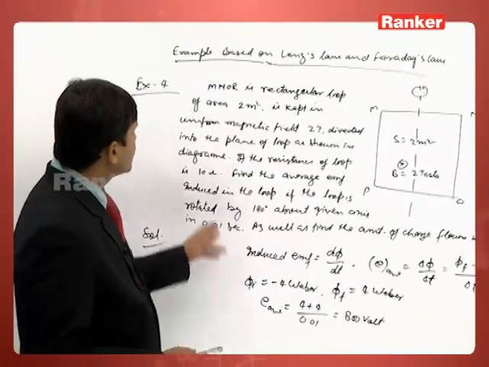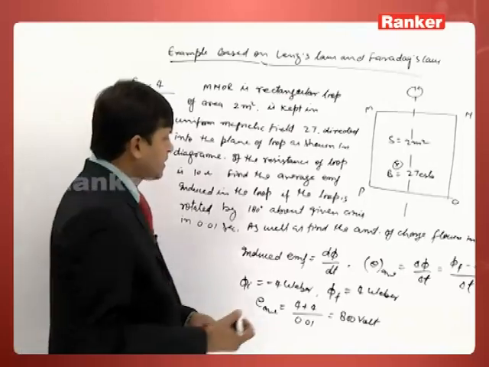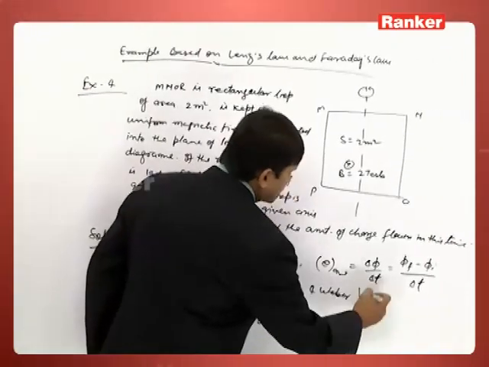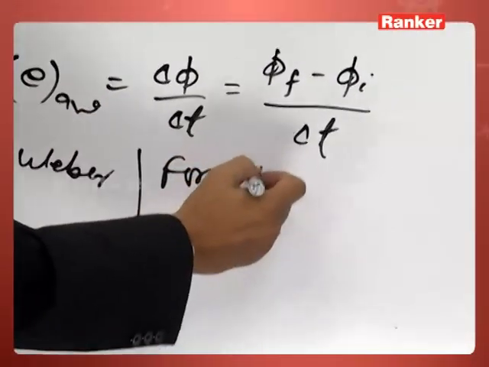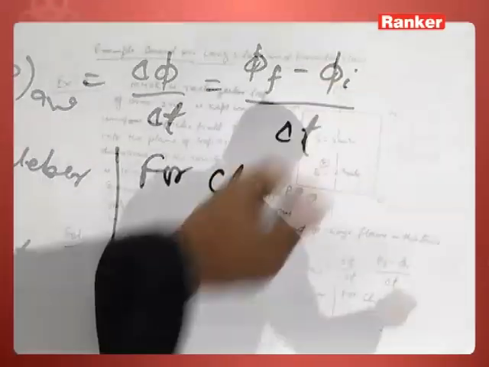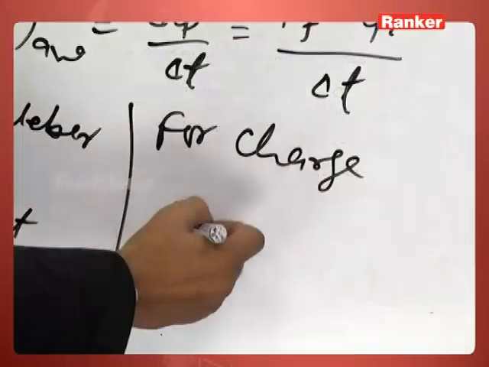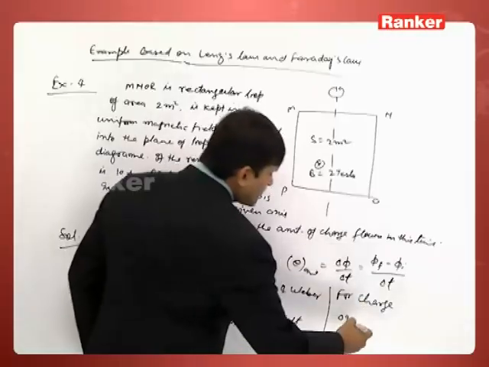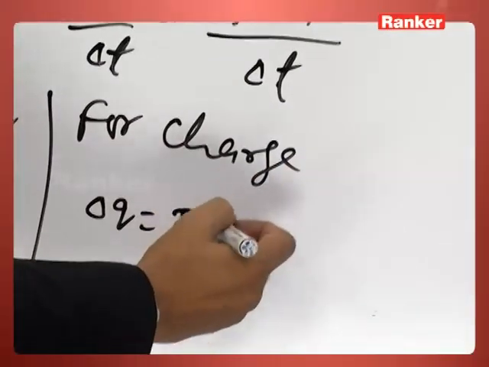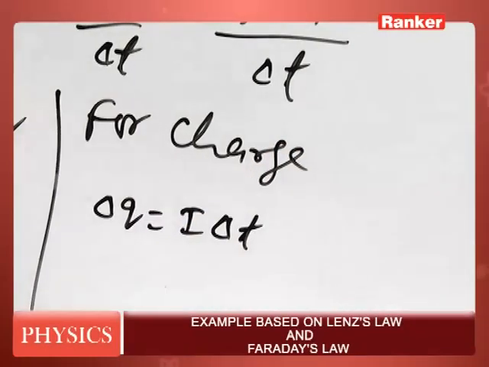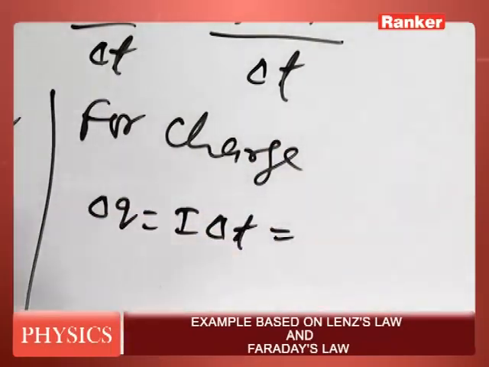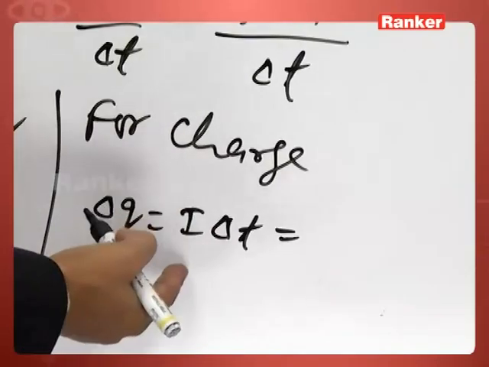Now if they are asking for the charge, delta Q is I into delta T, and I is the induced EMF by resistance.